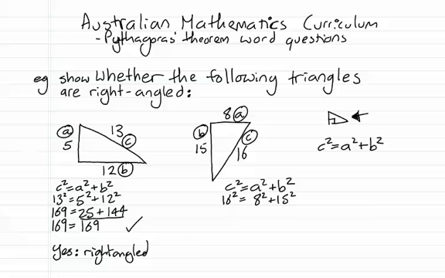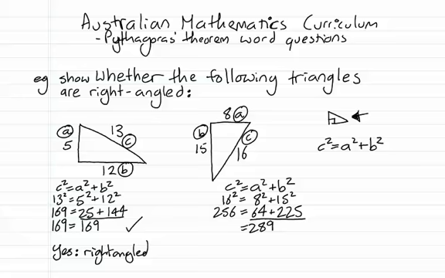Evaluate each of these. 16 squared is 256. 8 squared is 64. 15 squared is 225. We add up 64 and 225, and we discover that it equals 289.